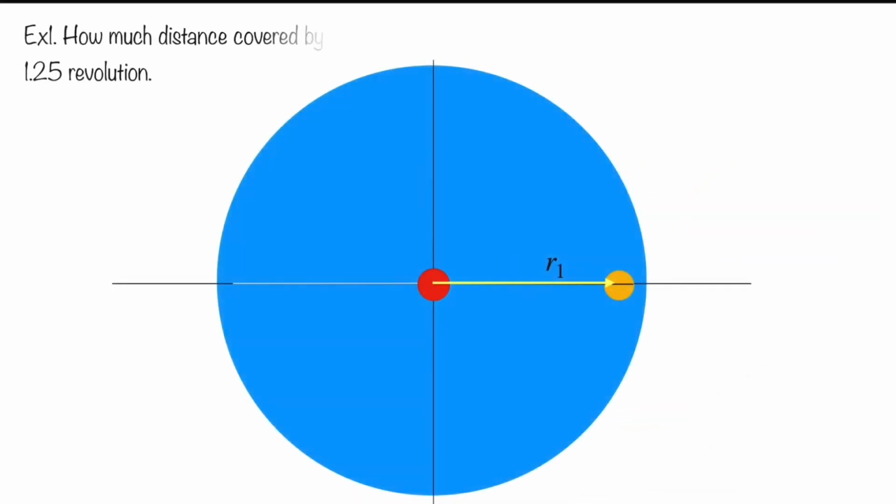Now let's apply our understanding to solve some examples. How much distance is covered by a point on a disk? Here in this case, this yellow point, at a radial distance of r1, on the completion of 1.25 revolutions.